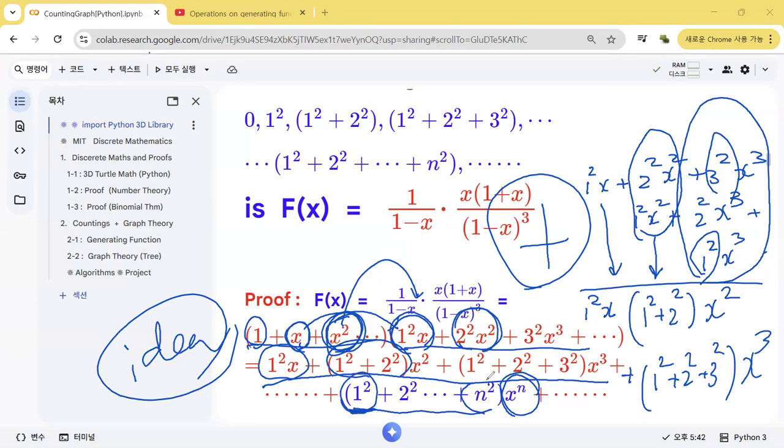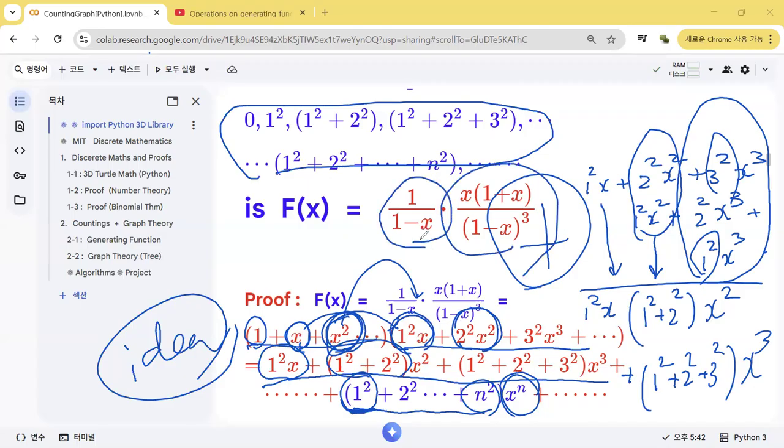So that's exactly what we want. So the generating function for this kind of sequence is that you just multiply by 1 over 1 minus x, and you can get the result. So let me finally explain this one.